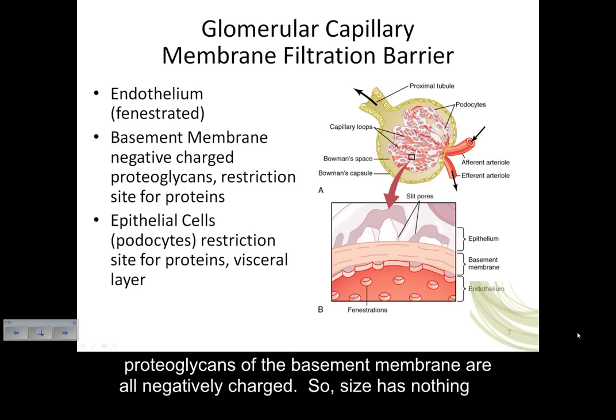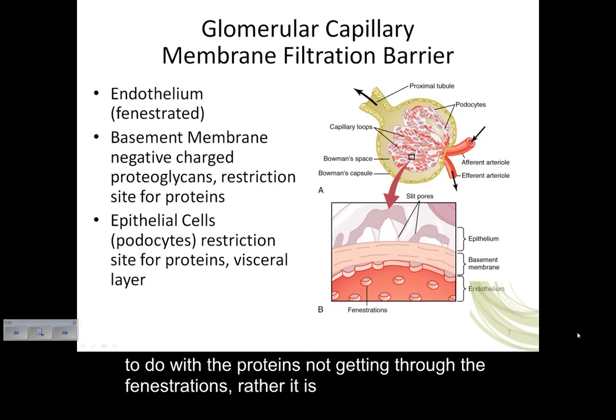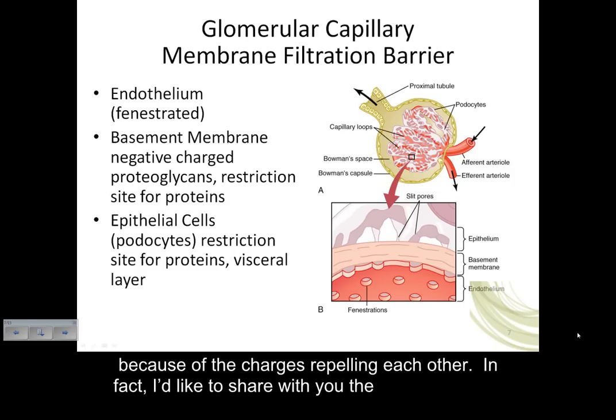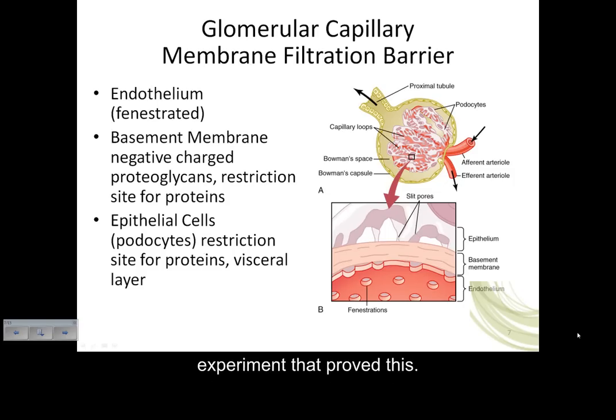Why is this? The plasma proteins and the proteoglycans of the basement membrane are all negatively charged. So, size has nothing to do with the proteins not getting through the fenestrations. Rather, it is because of the charges repelling each other. In fact, I'd like to share with you the experiment that proved this.